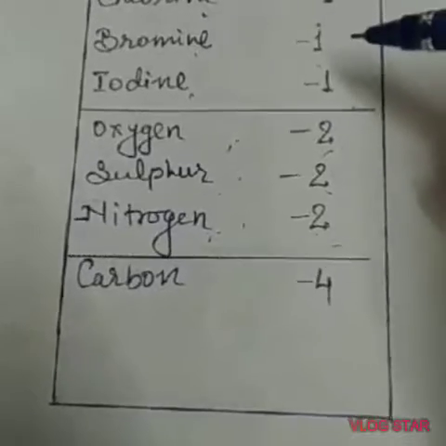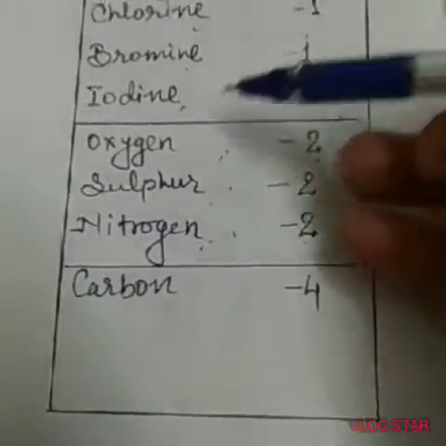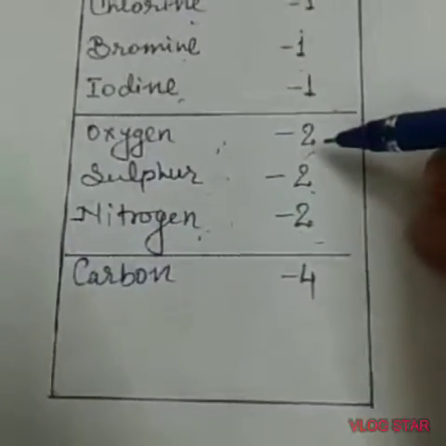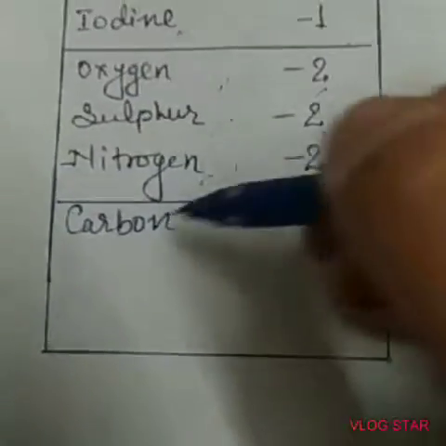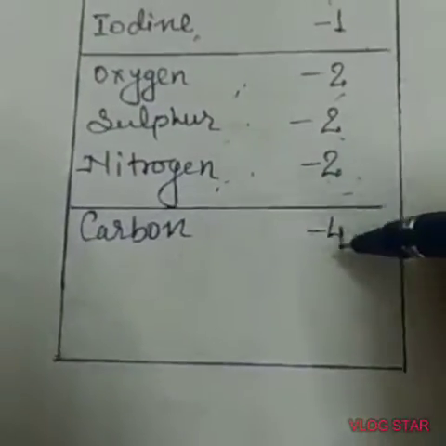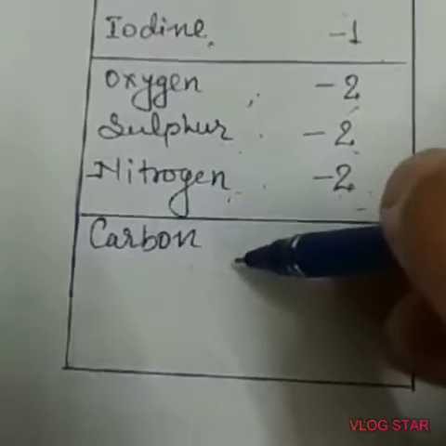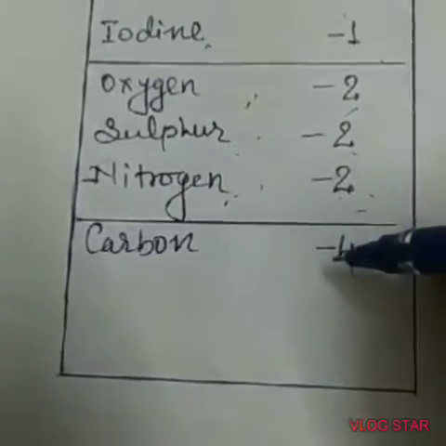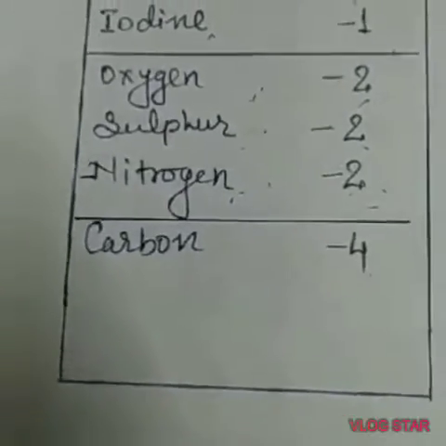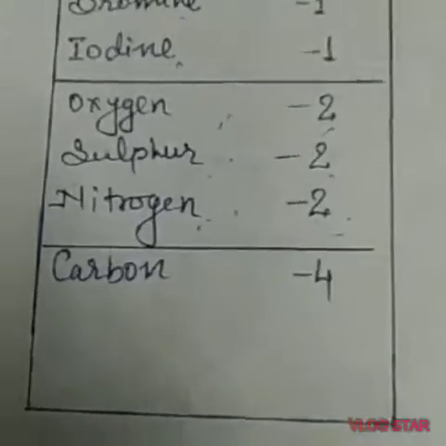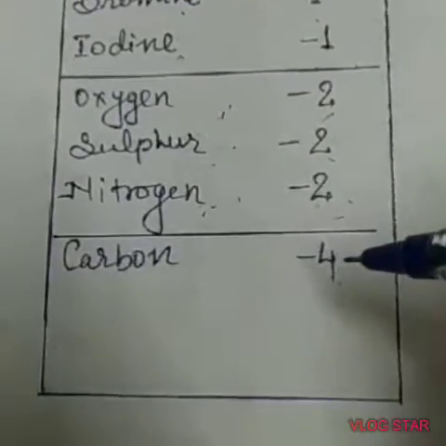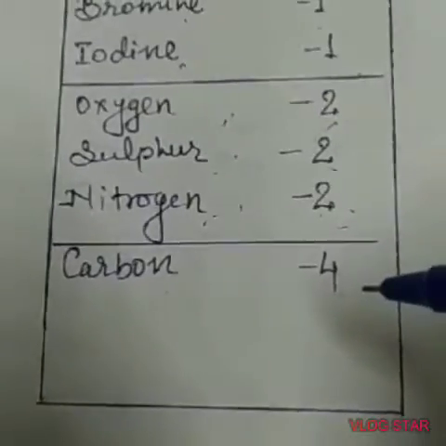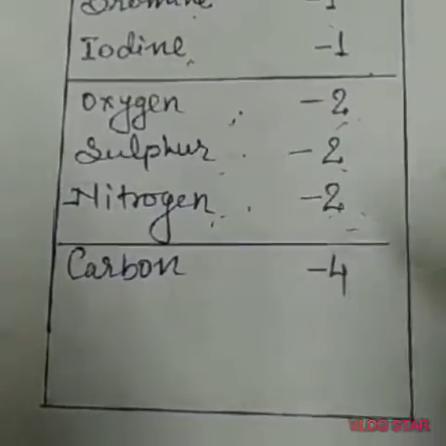That's why their valency is -1. Now, for oxygen, valency is -2, sulfur -2, nitrogen -3, and for carbon -4. Carbon has 4 electrons in its outermost shell, so sometimes it shows +4 valency or sometimes -4 valency. About that we will discuss later.